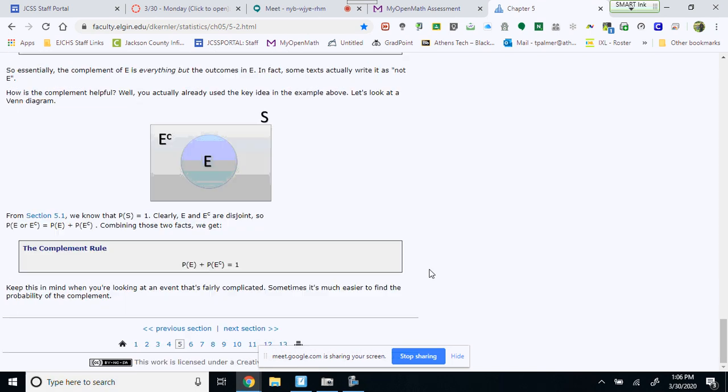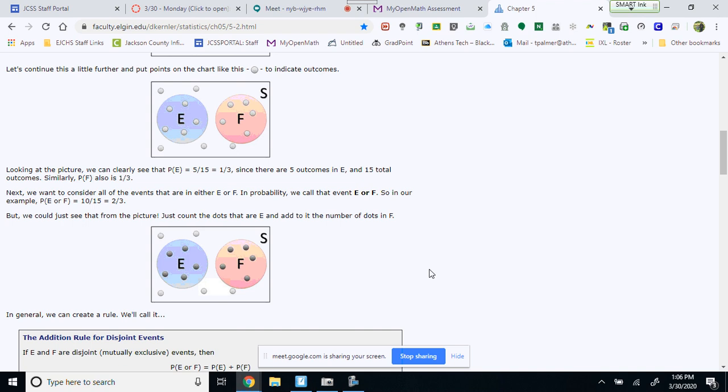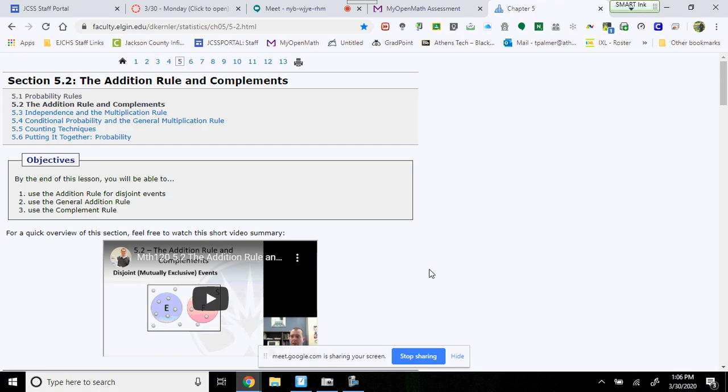So by the time you get done with this, you should be prepared enough to look at some stuff. I may post some more videos tomorrow, today for tomorrow, to help you with your homework. But I just wanted to make sure you understood that that's what we're going to do. And then we'll do the multiplication rule, and then conditional probability will be after spring break.